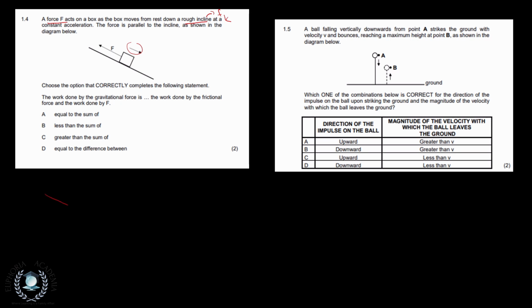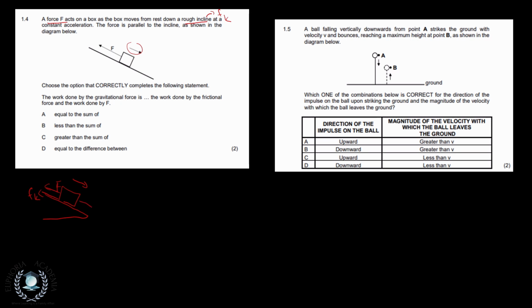So if this thing is on an incline and we have a force F pulling it that way, our frictional force, just because there's motion down that way, opposes the direction of movement, right? So we're going to have our Fk in that direction, opposing this motion.